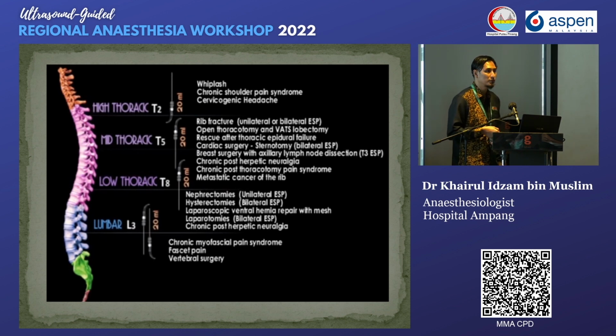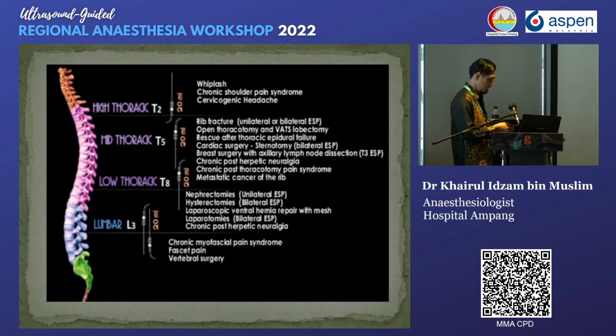Most of the time, once we insert an ESP catheter, the pain score becomes better, and the patient can practice his or her incentive spirometry. So we can avoid intubation in those kinds of patients.